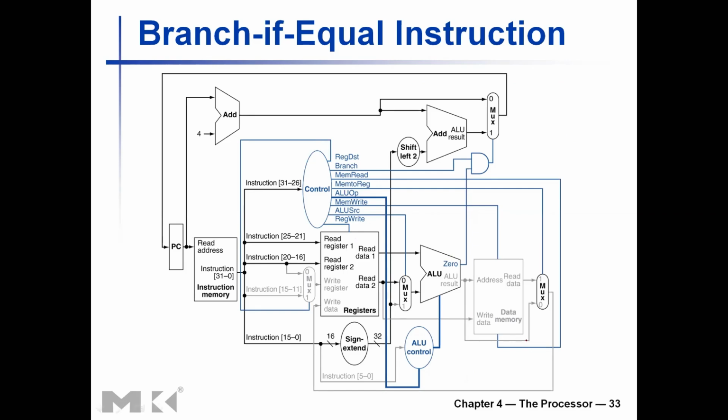Somebody is asking a question. Do we need to remember the tables like in slide 26, which is the ALU control value? No, you will not be expected to remember. Say you need ALU op of 0, 1 for branch instruction.